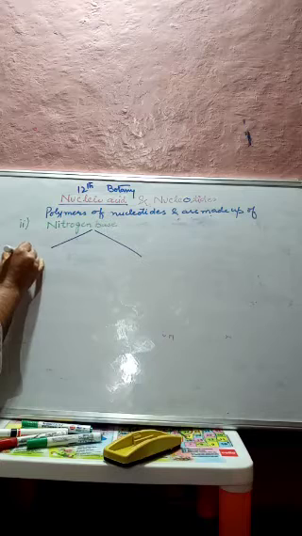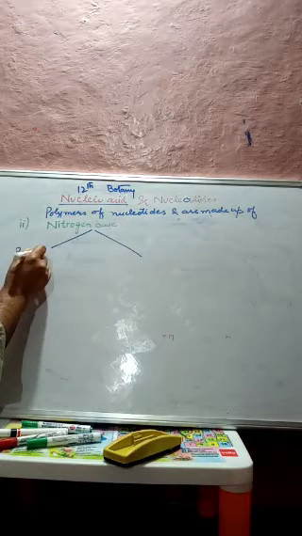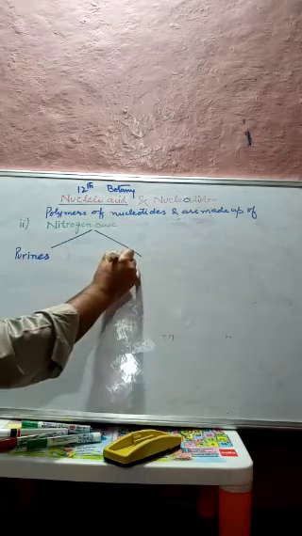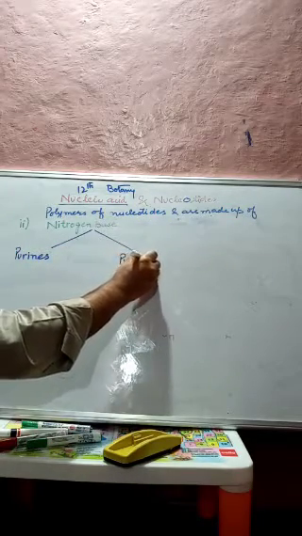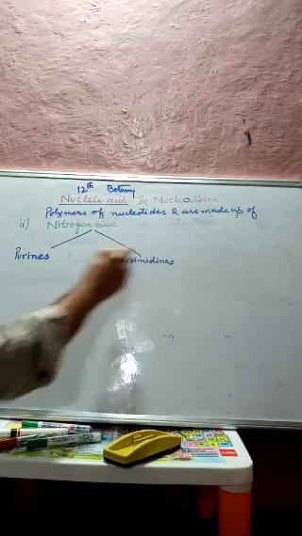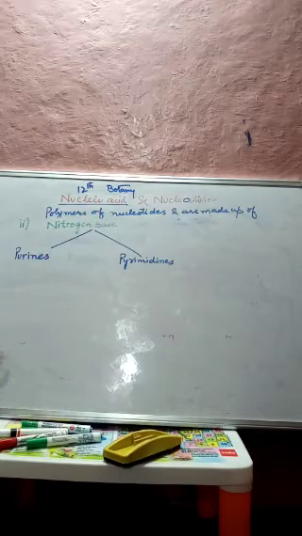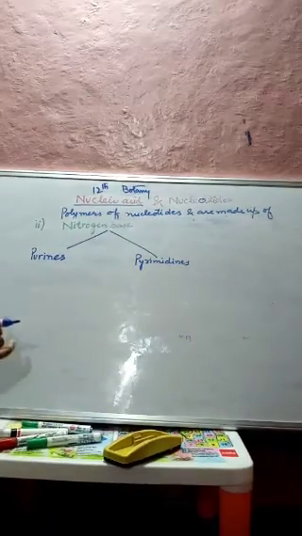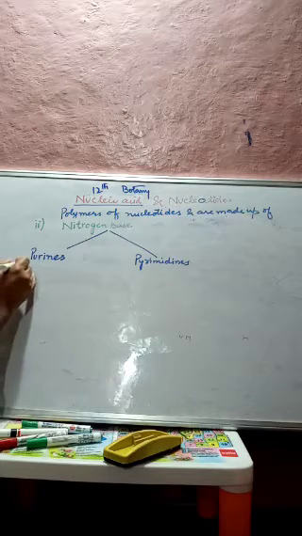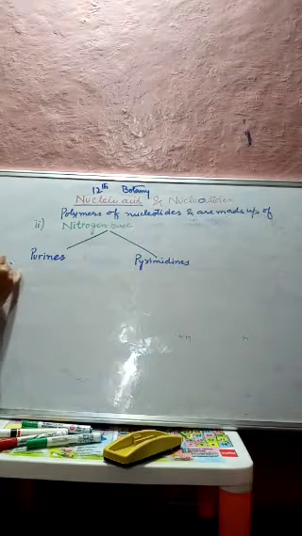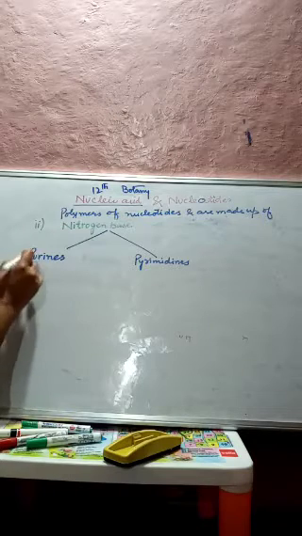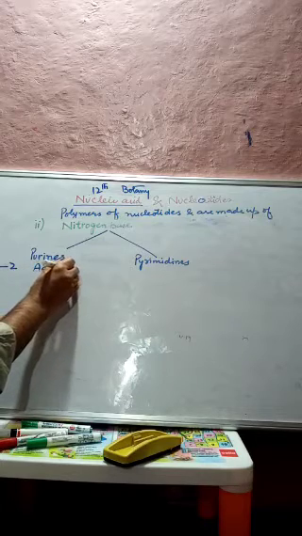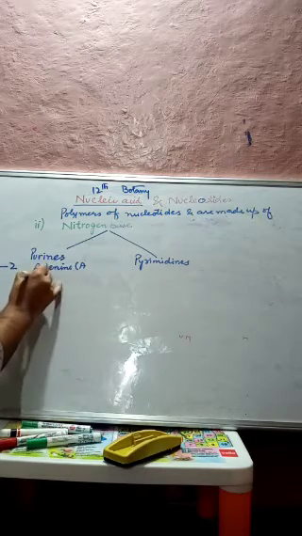First one, purines, and second, pyrimidines. Of the purines, we have two: the first one is adenine and the second one is guanine.